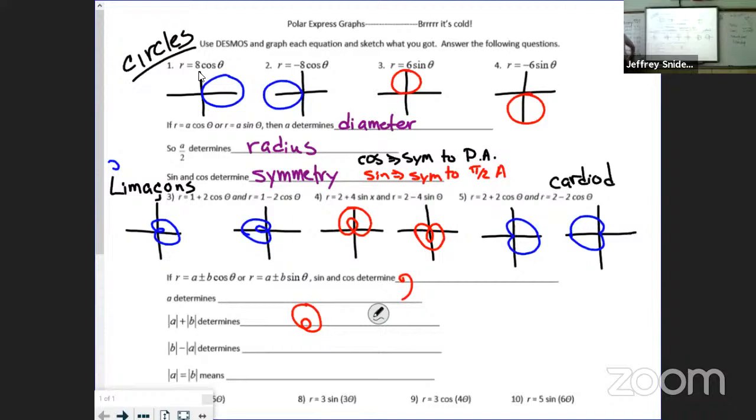All right, now, let's talk about what is going on with these numbers. So here we go. Again, I've got r equals a plus or minus b cosine theta, or a plus or minus b sine theta. Sine and cosine determine what? Again, they determine where the symmetry is at.